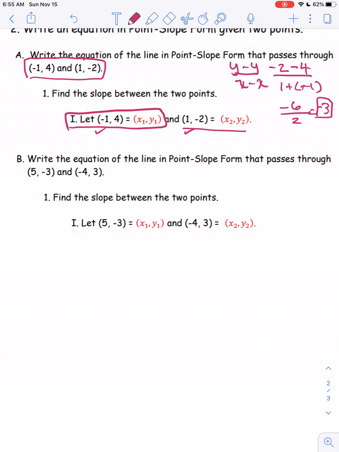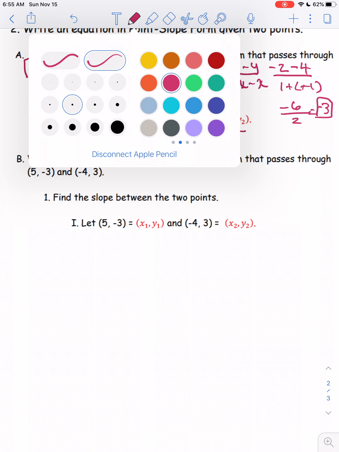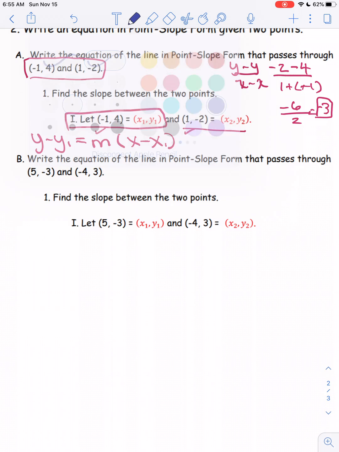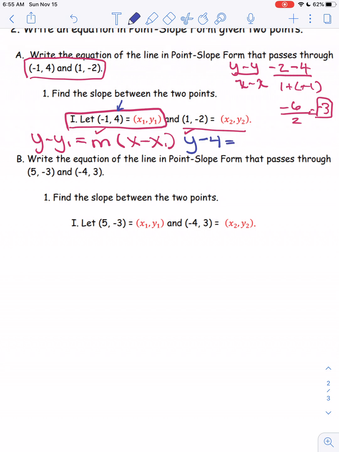So here we go again. The formula again is y minus y sub 1 equals m times the quantity x minus x sub 1. We're going to leave y as y. Let me change colors just so you can see a little bit better. We're going to leave y as y. We're going to replace the y sub 1 with 4 equals m, which we found to be -3, times the quantity x, and then minus x sub 1, which is minus a -1.